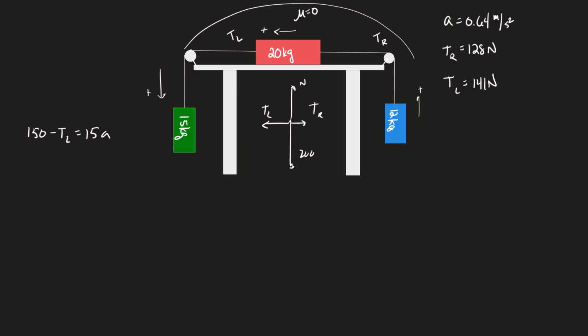That's the only way it accelerates to the left. But that's going to give me TR minus TL equals 20A. Now I'm left with the last one, and that's going to be TR upwards minus 120 equals 12A.